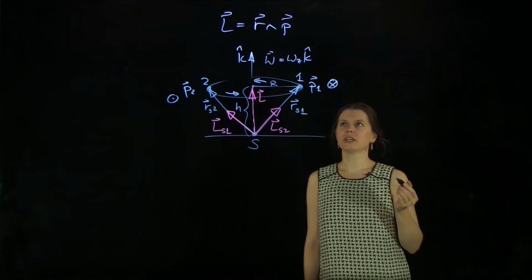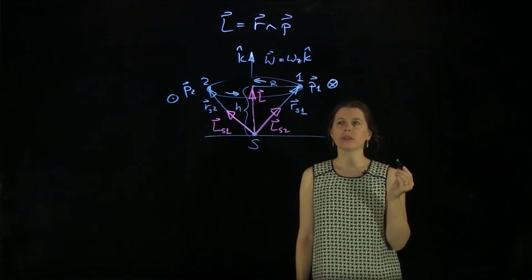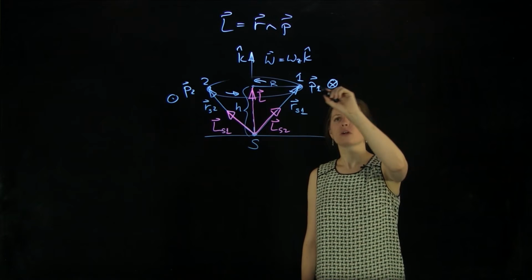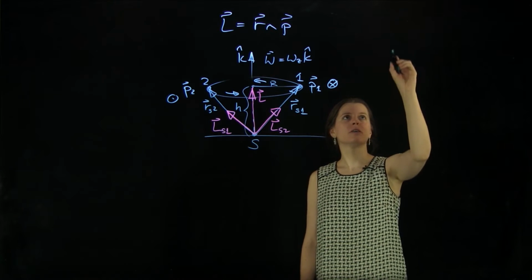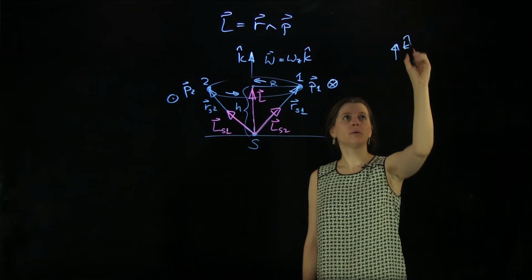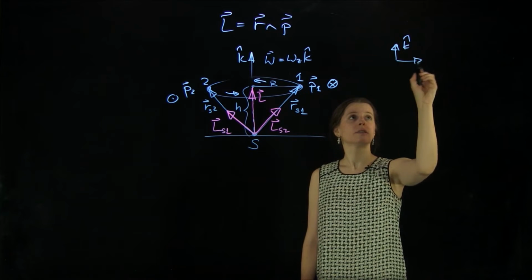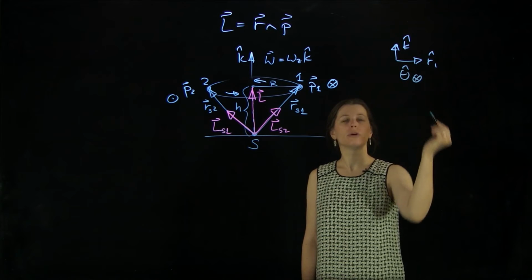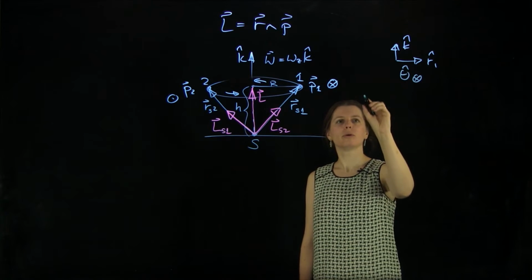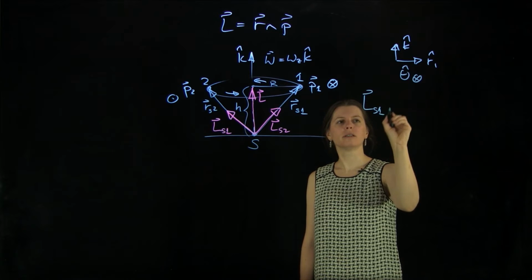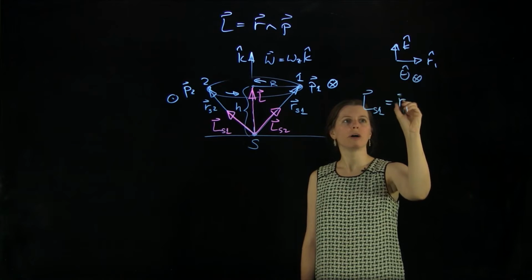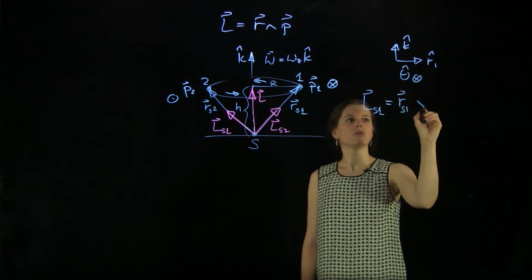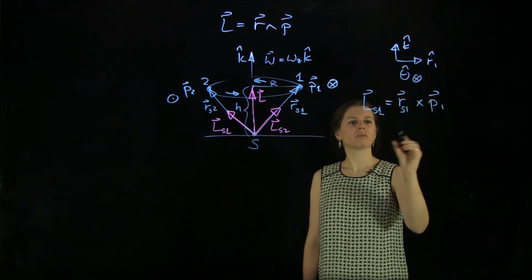The crucial point here is to be careful with the coordinate system. For the first particle, k is going up, r is going outward, and theta hat is going into the board. Then we can write LS1 equals rS1 cross p1.